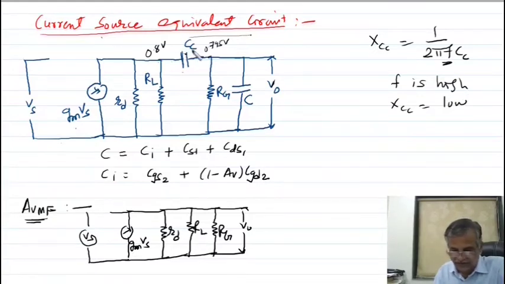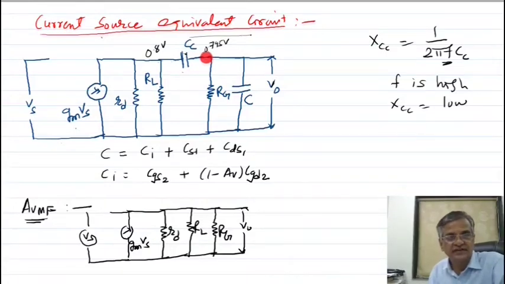So, at high frequency, these offer a low reactance, means very little voltage drop across this. Whatever voltage is here, the same voltage you will get here at high frequency. Sir, why? See, reactance is given by 1 upon 2 pi FC. Frequency is high, so reactance is low.